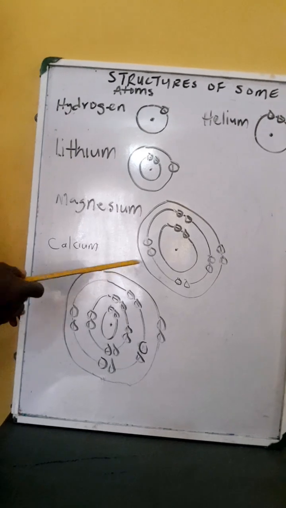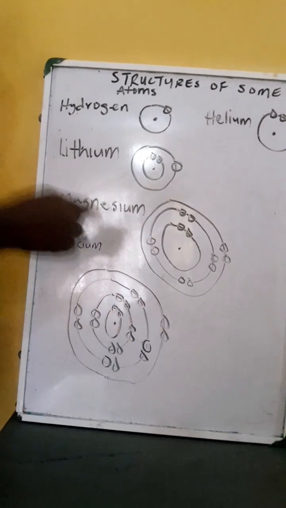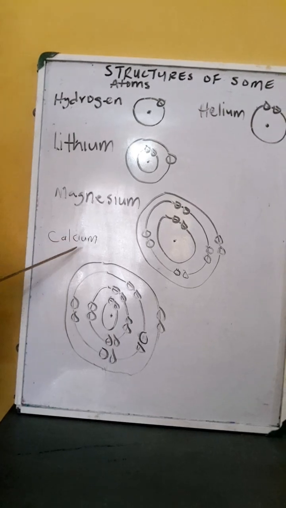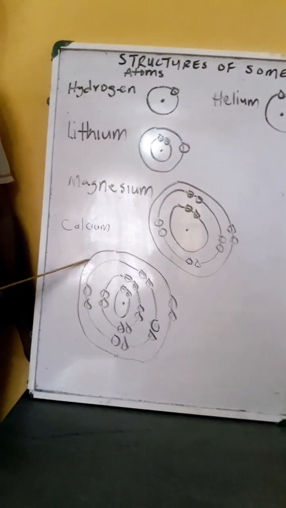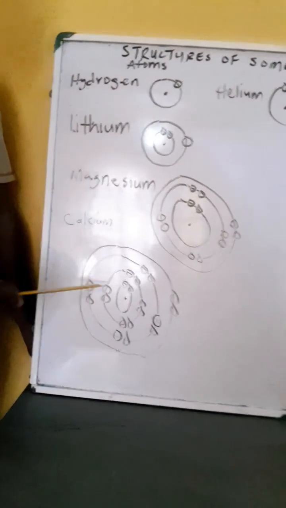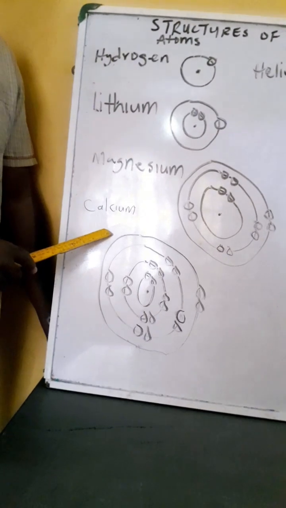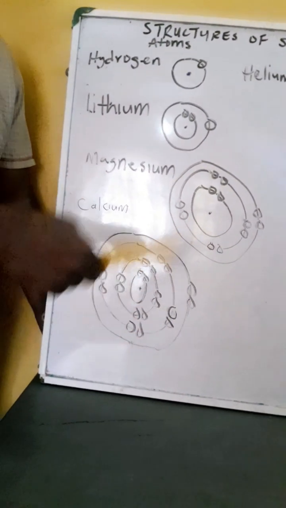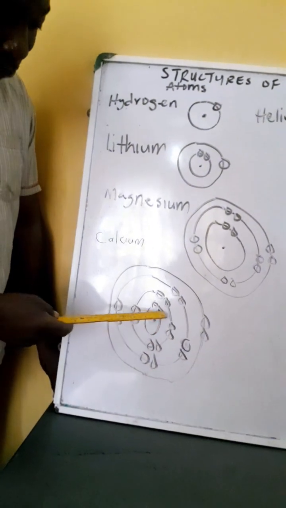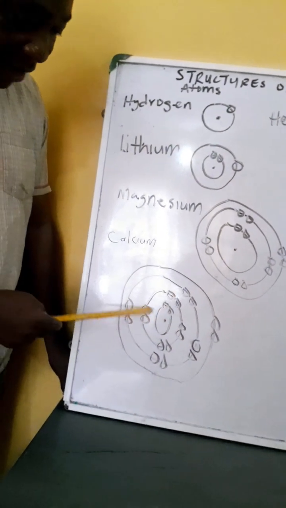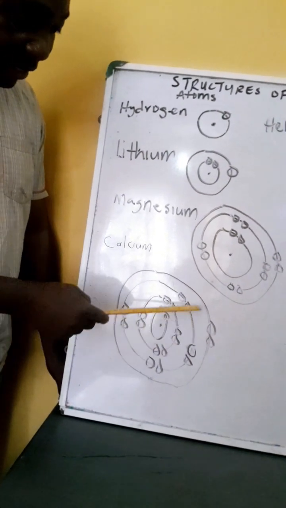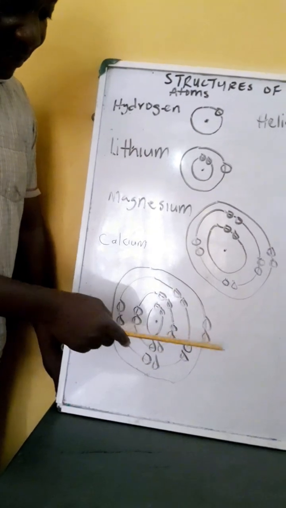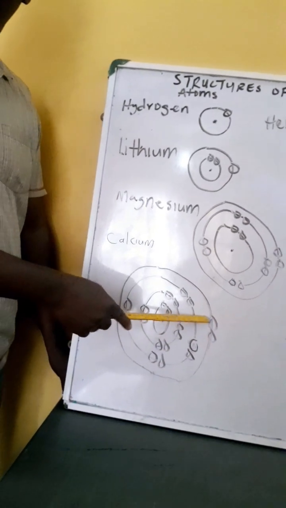Then I also increase the shells to 4. Calcium is the 20th element. It has an atomic number of 20, meaning that there are 20 electrons and 20 protons. If you count it, you have 1 up to 20.